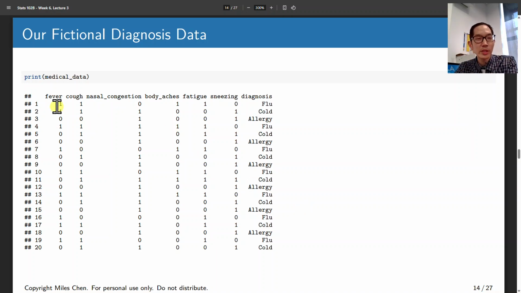And so, again, with the naive Bayes classifier, we are not going to worry about the covariances between these different symptoms, okay? Clearly, certain symptoms are more likely to appear together than other symptoms, right? Like if you have body aches, you're more likely to also experience fatigue and things like that.